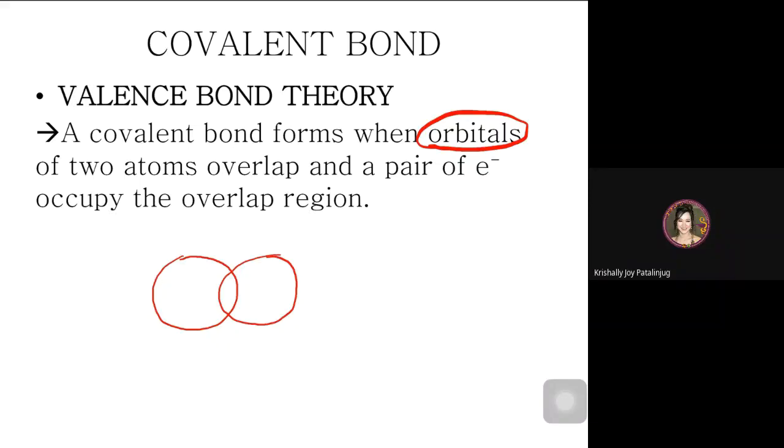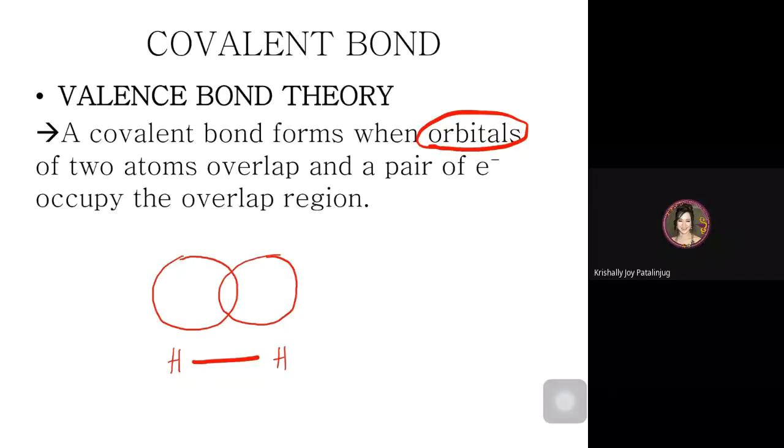Let's say that the 2 atoms are hydrogen. For example, the simplest molecule that would help us explain this concept is the molecule of hydrogen gas.